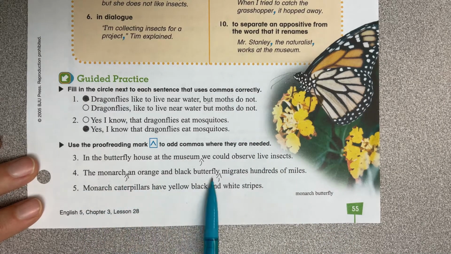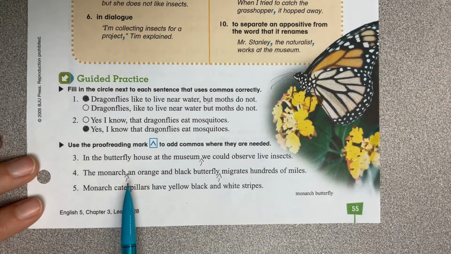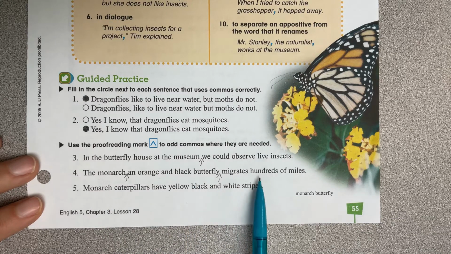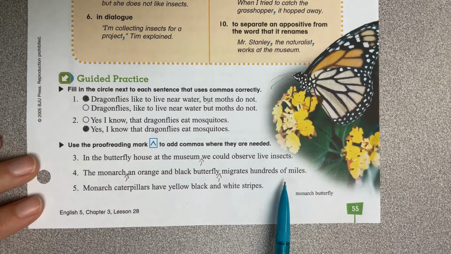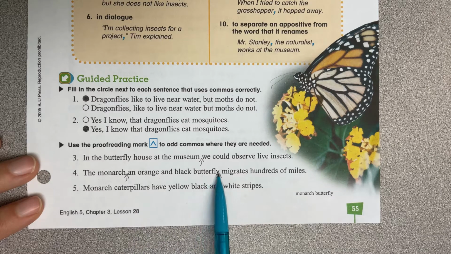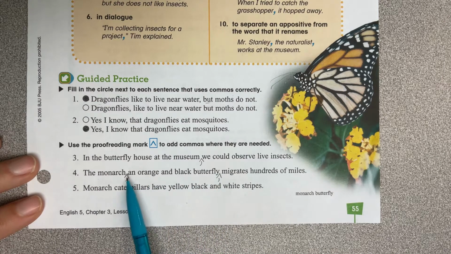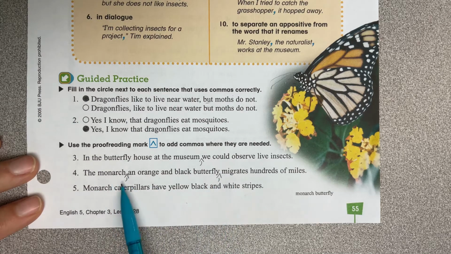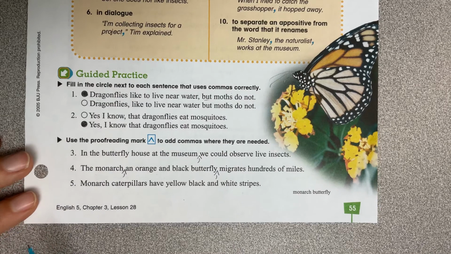It's an orange and black butterfly. So we have to put that in between our commas. The monarch, an orange and black butterfly, migrates hundreds of miles. Really, this is an added bit of information, and we could do without it in our sentence and it would make sense, which is why we've got these commas here to kind of section it out.